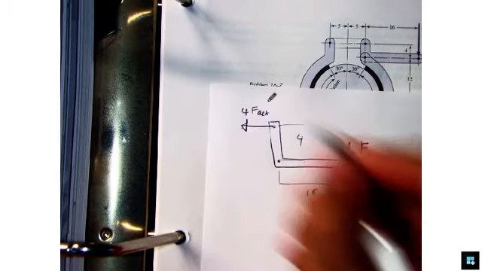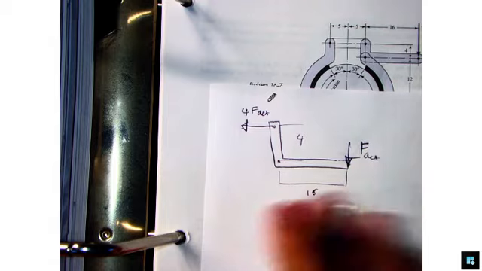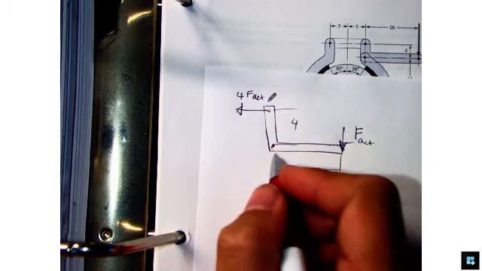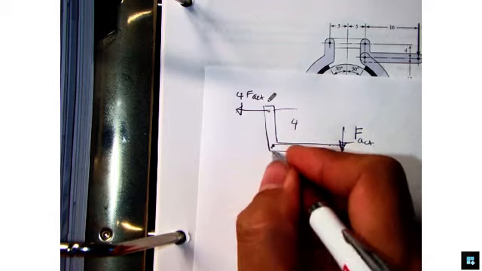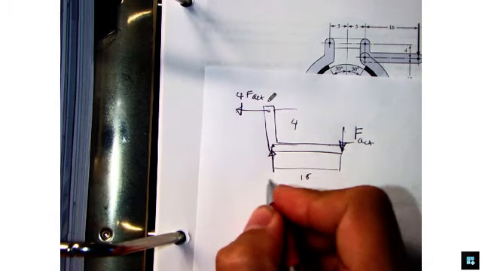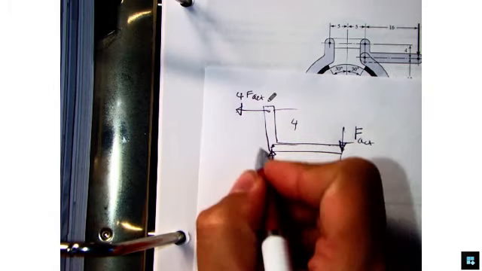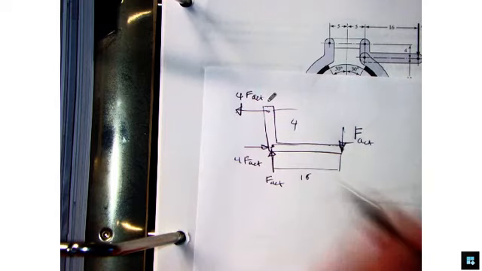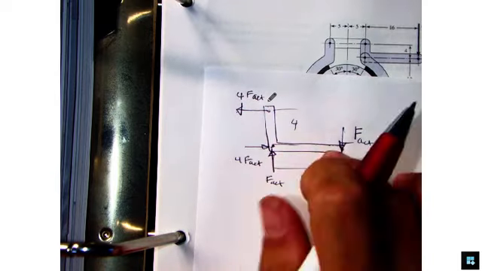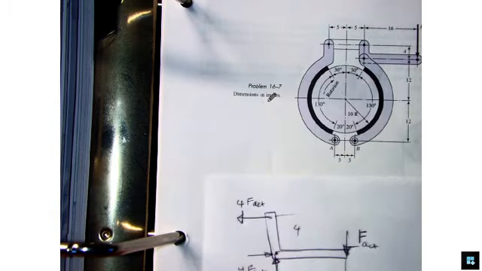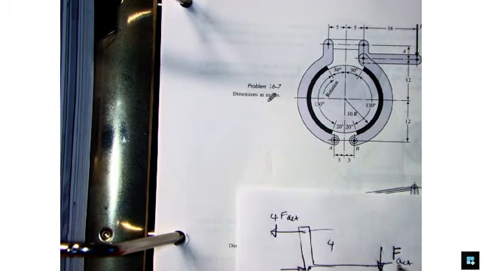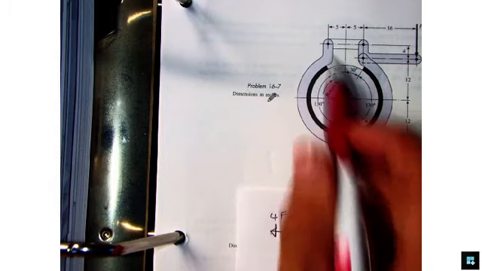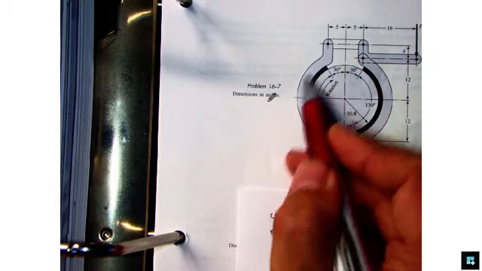Let me call it the actuating force. Then if you write the equations of equilibrium, summation of force in x and y direction, this one is going to be F actuating and this one is going to be 4 times F actuating. So to have equilibrium, you have these. This 4 times actuating force is going to go directly on this side, on this shoe.